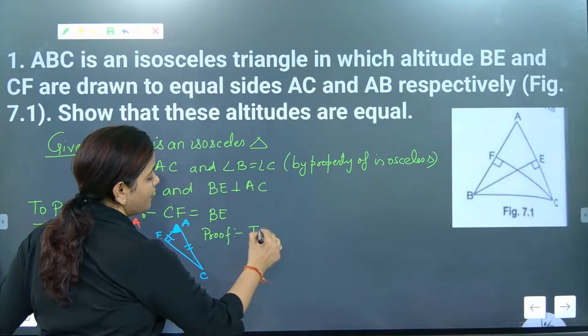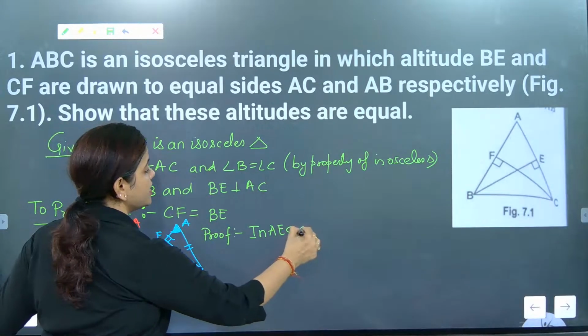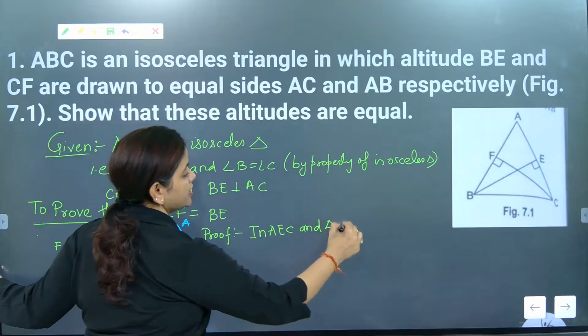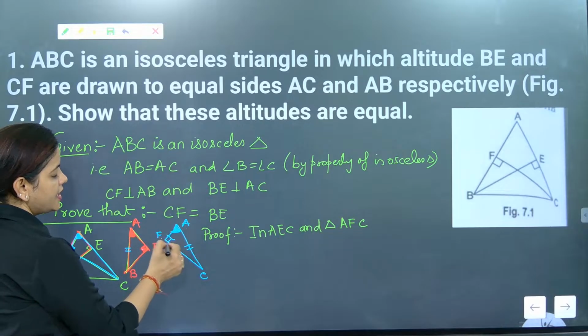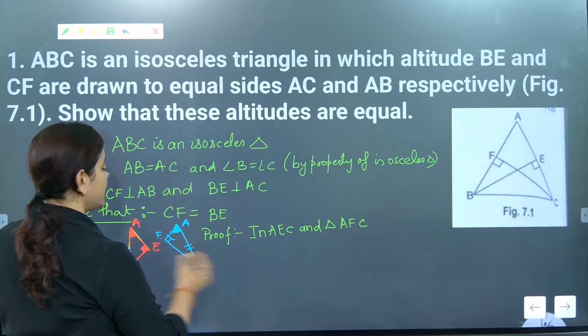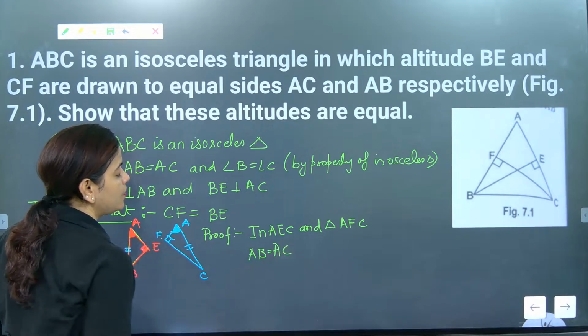In triangle AEC and triangle AFC. Now, what are you going to say? First thing is AB is equal to AC, which we have already claimed. Why?